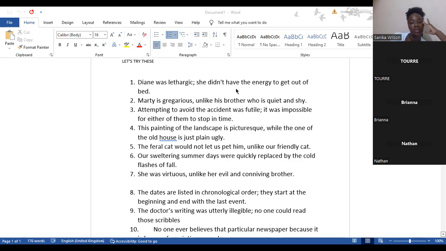It will be opposite, right? So sweltering summer days or hot summer days are replaced by cold flashes of fall. So that will be antonyms.